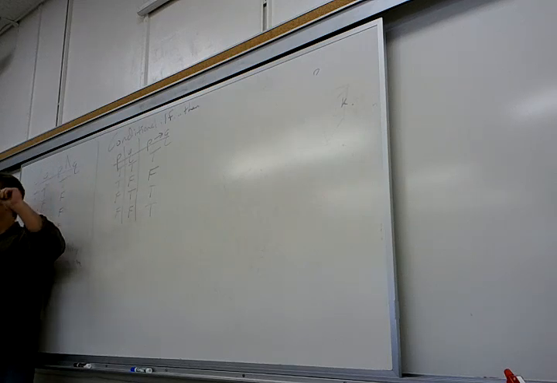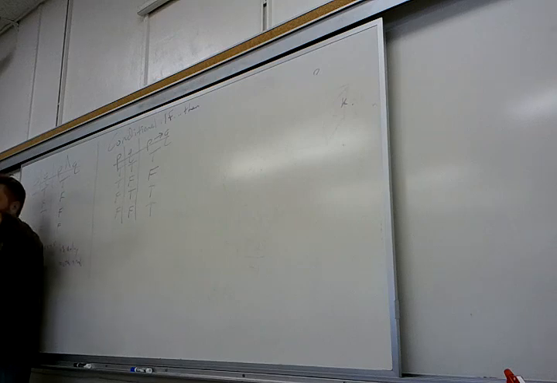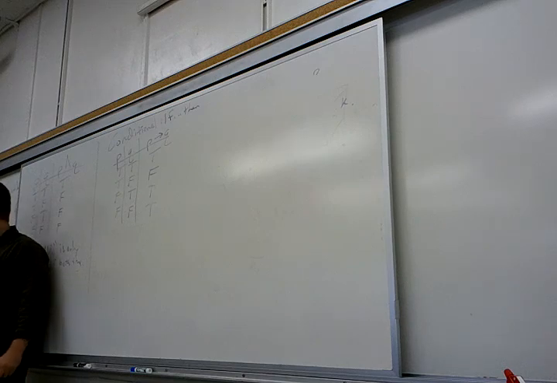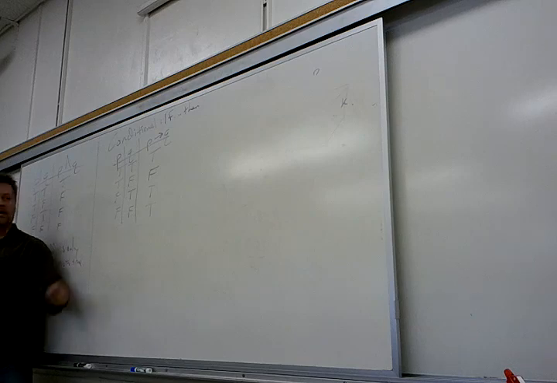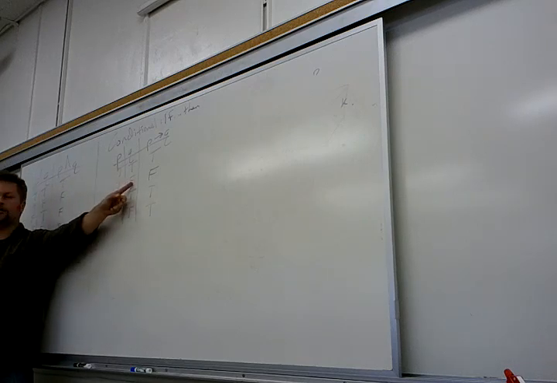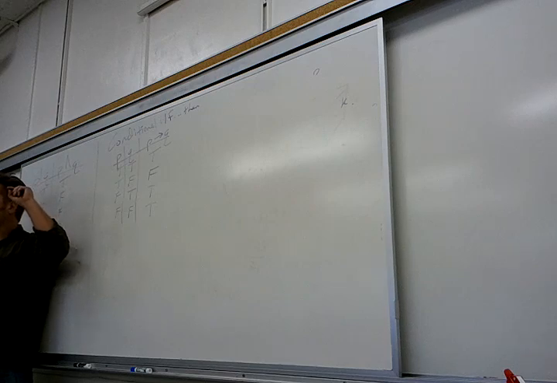So the if-then is false only if true implies false. If P is true and Q is false, then it's false. If P is false and Q is true, then it's true. So you did your end, I didn't do my end. That's the one place it's false.